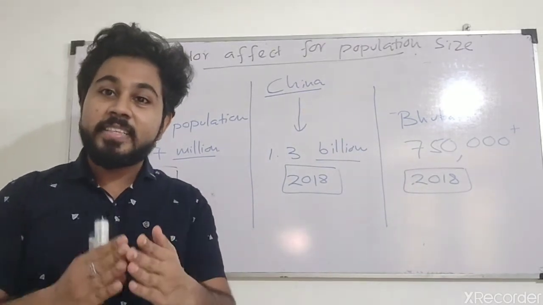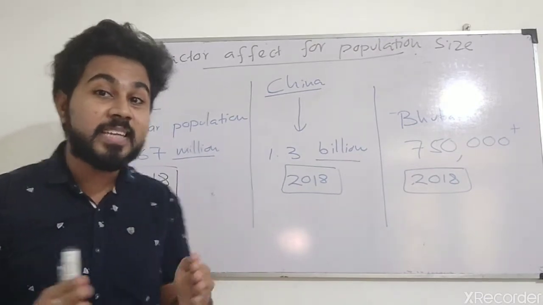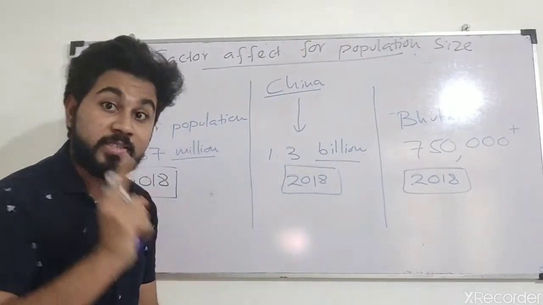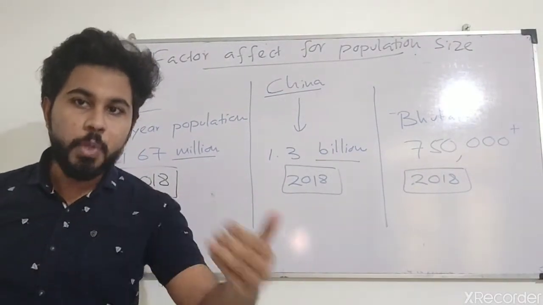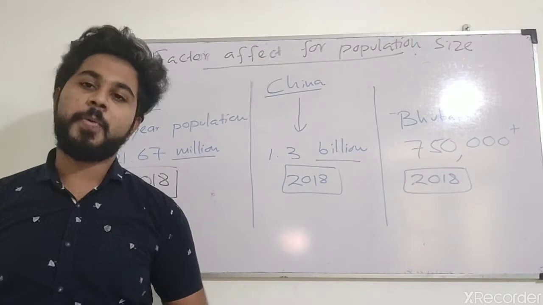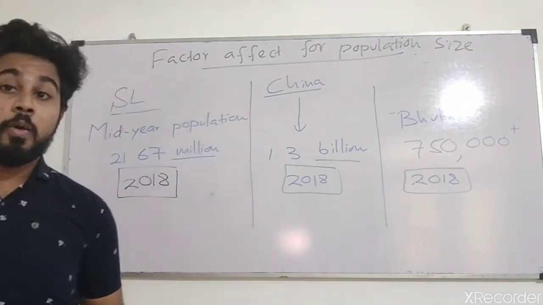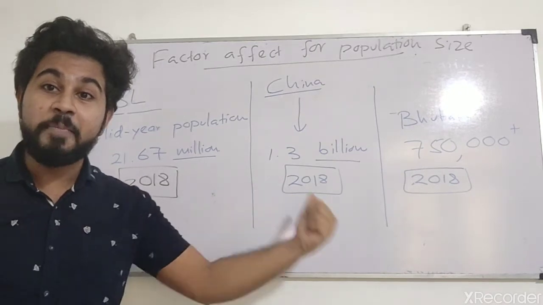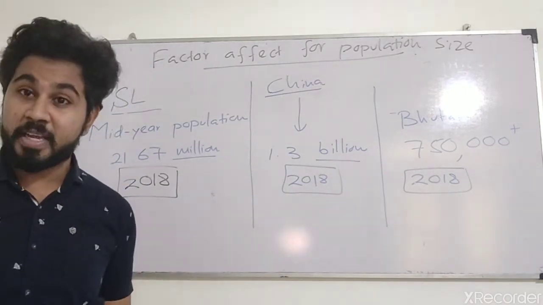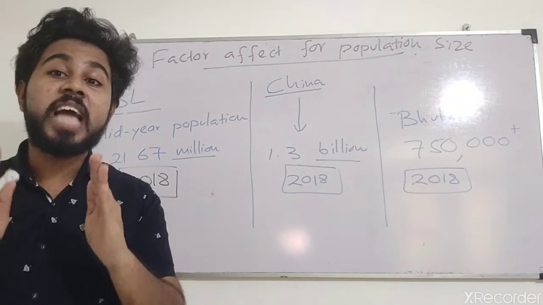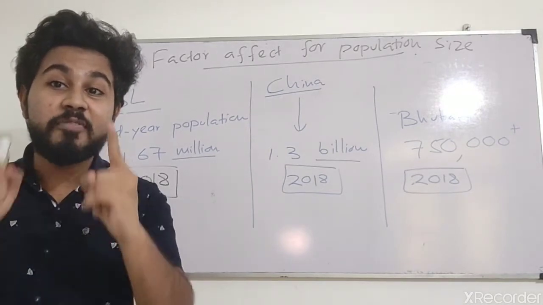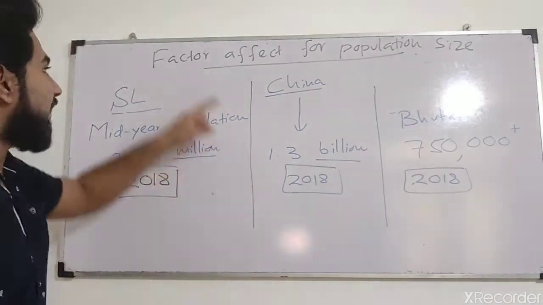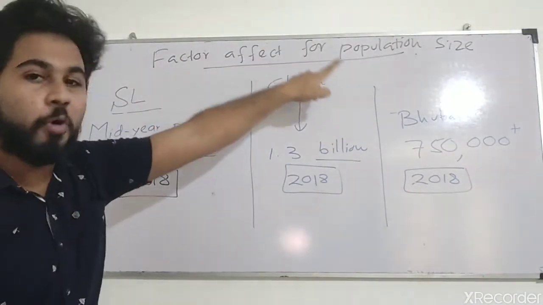See, the size of the population is different from country to country. Am I clear? So my question is, what are the factors that affect this difference between the sizes of the populations of countries? Factors which affect differences in the size of the population of a country are known as factors affecting population size.